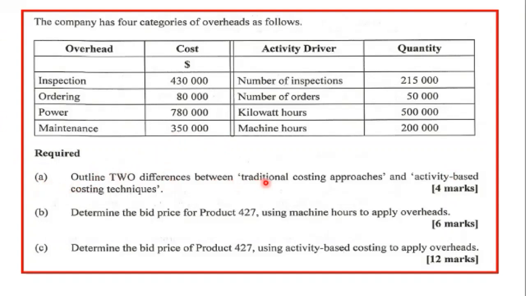Outline two differences between traditional costing approaches and activity-based costing techniques. And B, determine the bid price for product 427 using machine hours to apply overheads. Okay, once you see this part here, what it's talking about would be job costing.